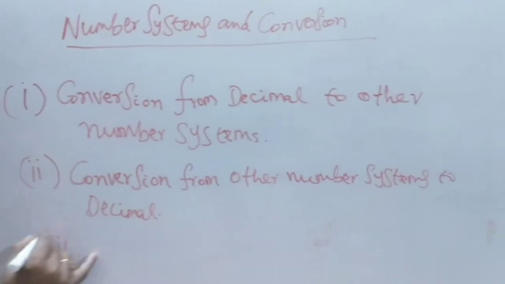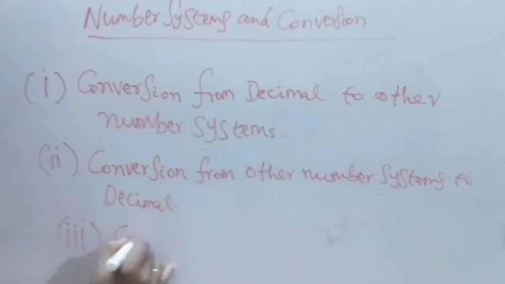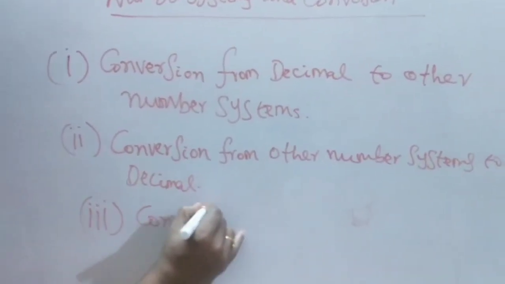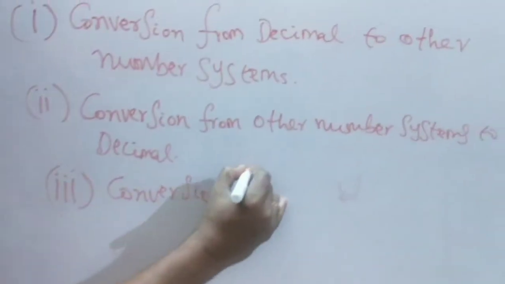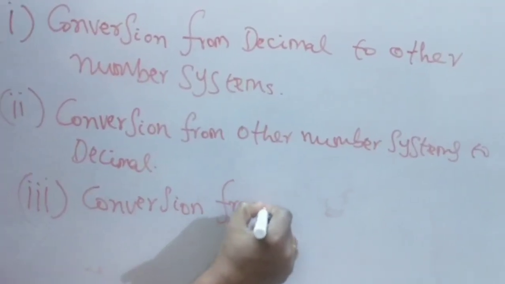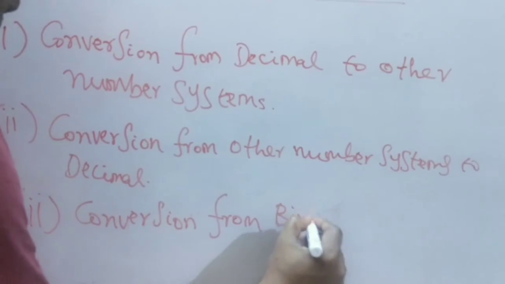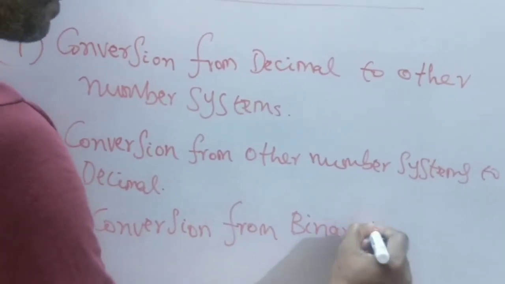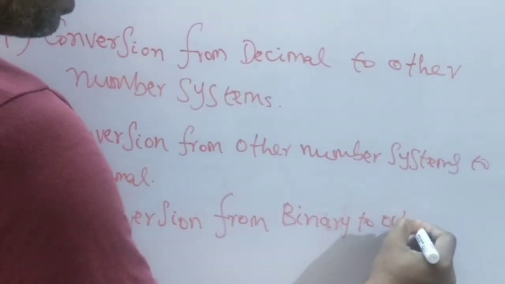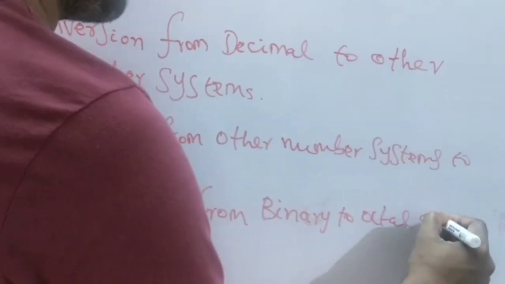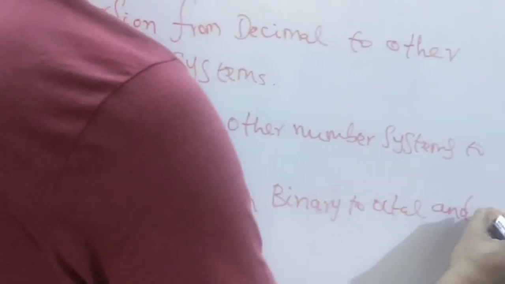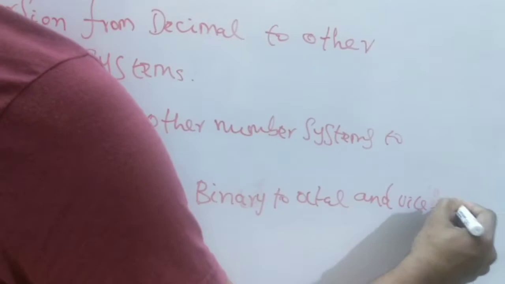The third one is conversion from binary to octal number system, and vice versa. Vice versa means octal to binary number system.